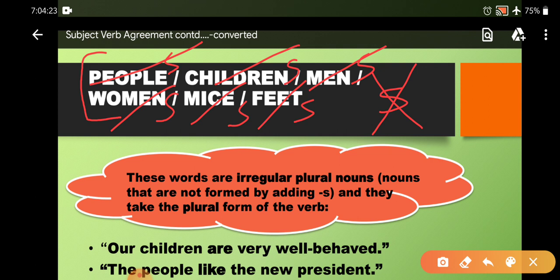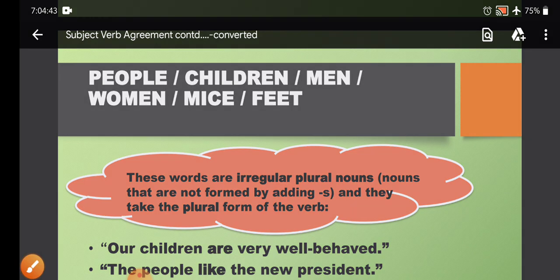Be careful, students. Even till date, so many children, I would say, not so many, but some of you happen to err here by writing people's or children's or man's or something like this. So be very careful, particularly with the first two words, people and children.